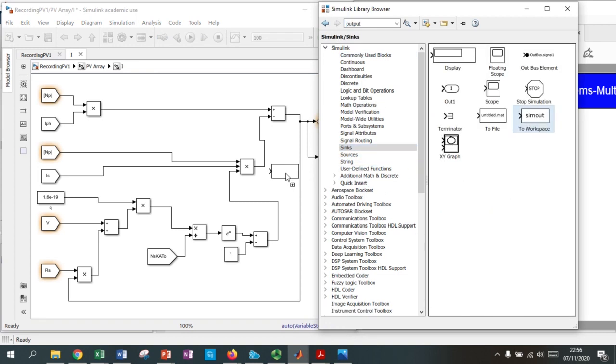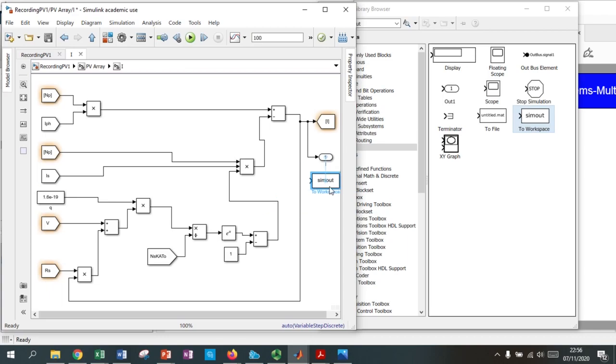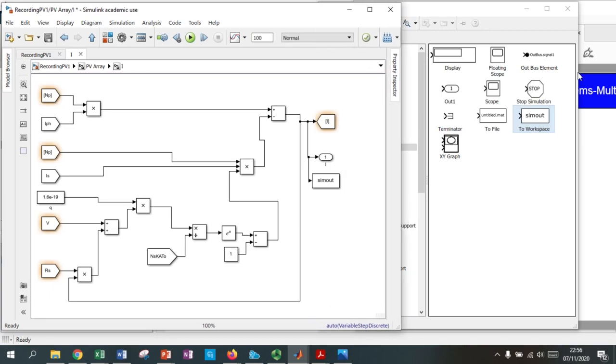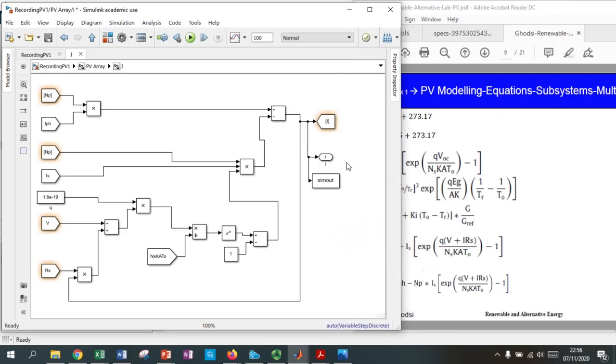We can keep it in the workspace for further action. We can keep it also here as the output. Then we need again to have another output, which is the voltage that we implement, and this is the voltage.